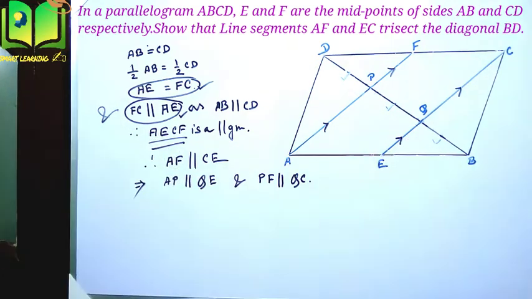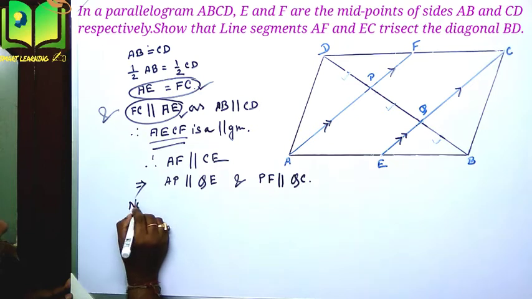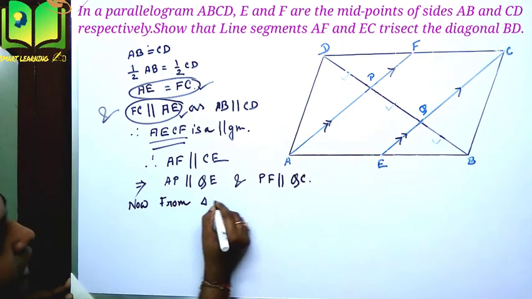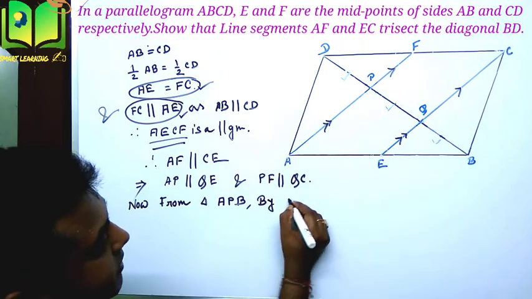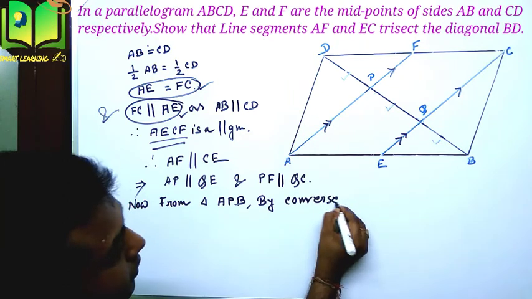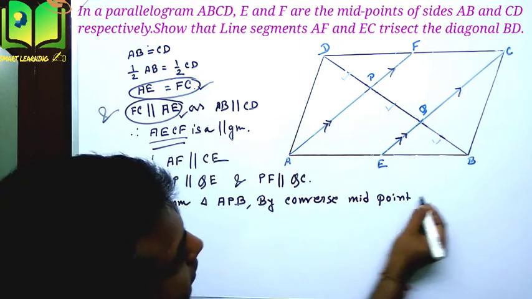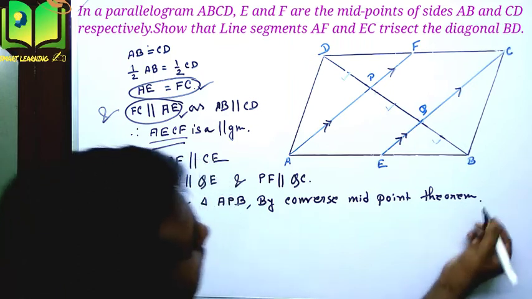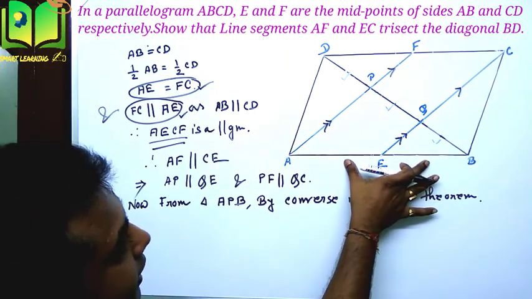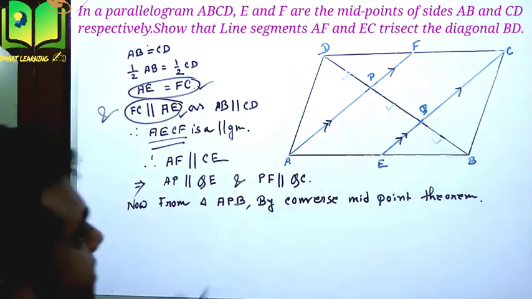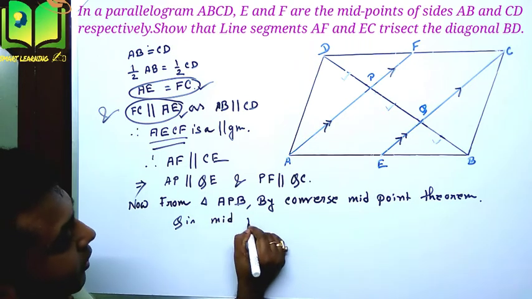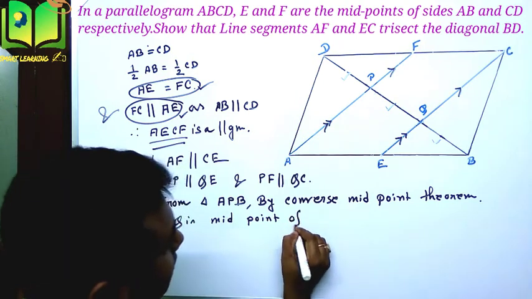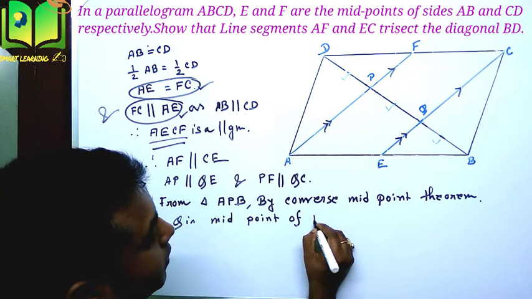From triangle APB, by the converse midpoint theorem, as E is the midpoint of AB and this one is parallel to this, we can say Q is the midpoint of PB.